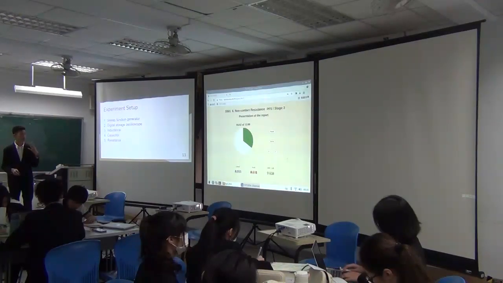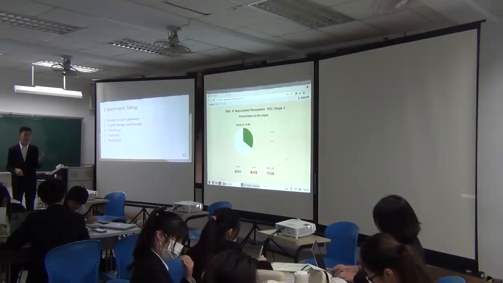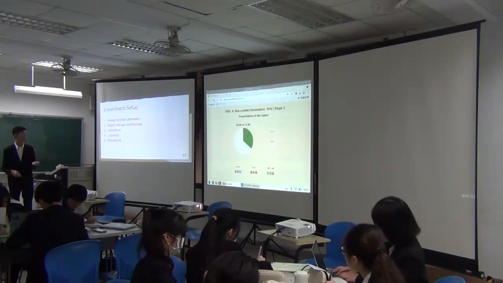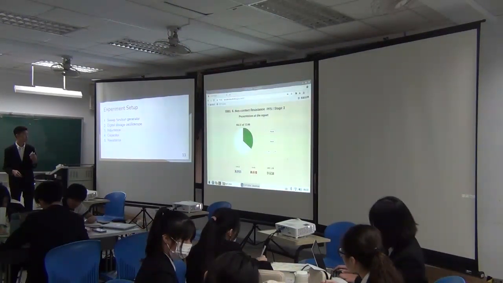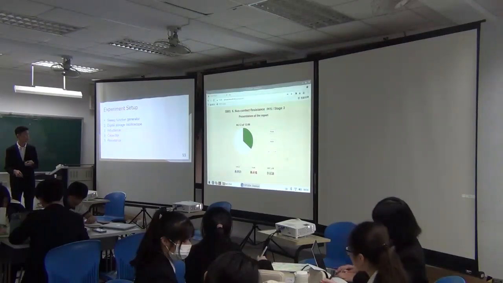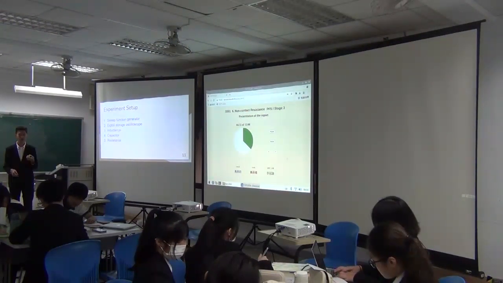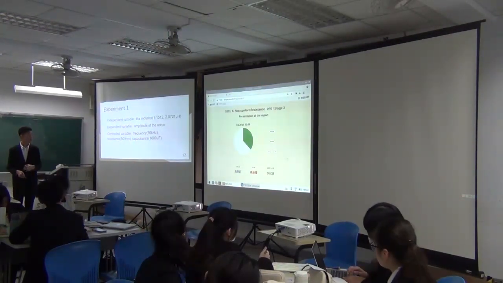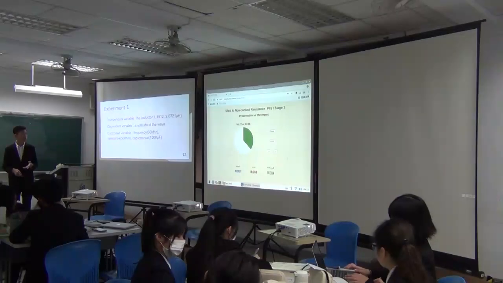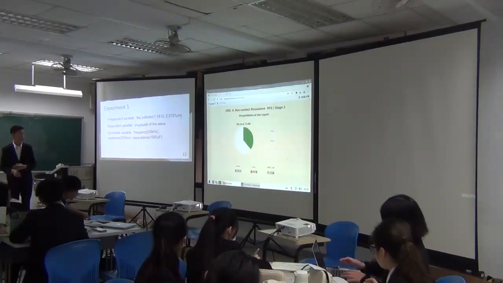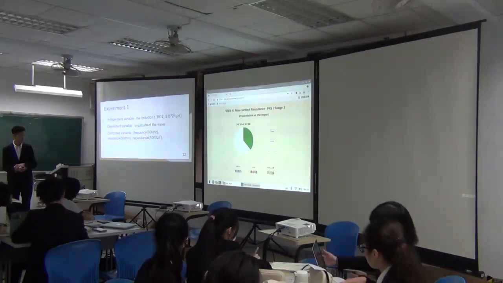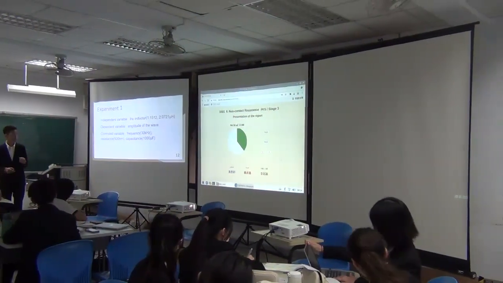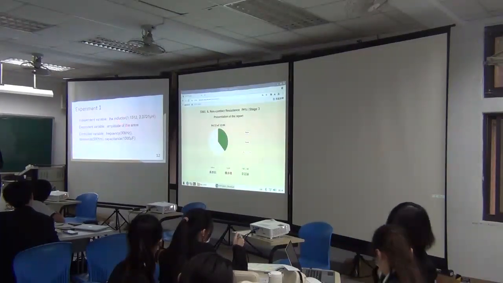Now let's introduce the experiment in reality. Here's our experiment setup. We use a sweep function generator, a digital storage oscilloscope, an inductor, a capacitor, and a resistor. Here comes experiment 1. The independent variable is the inductor, of which we have two values.